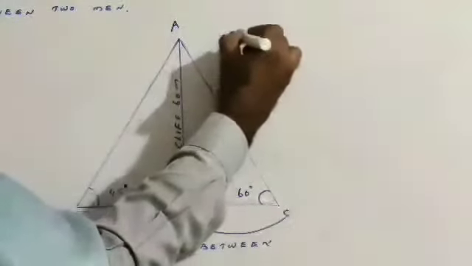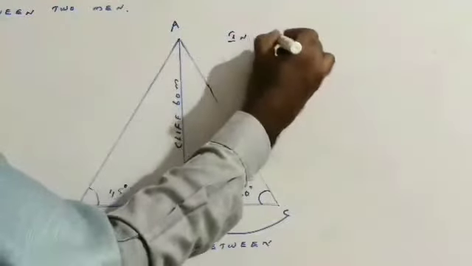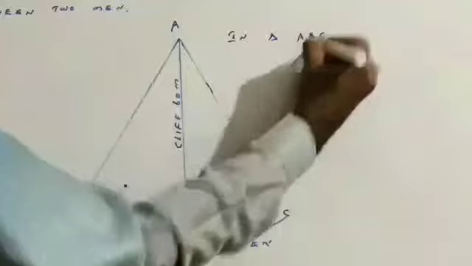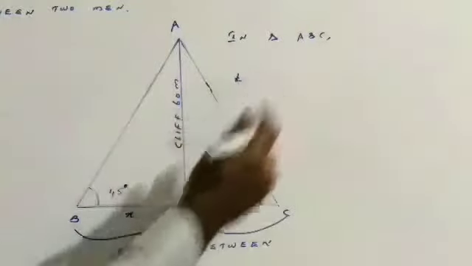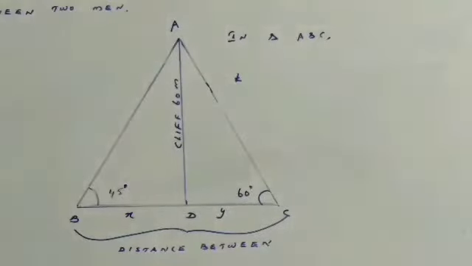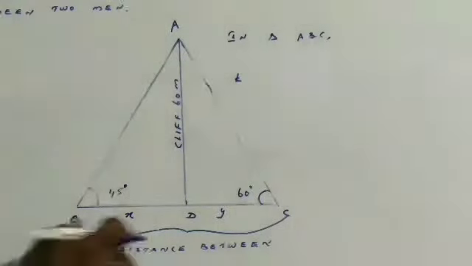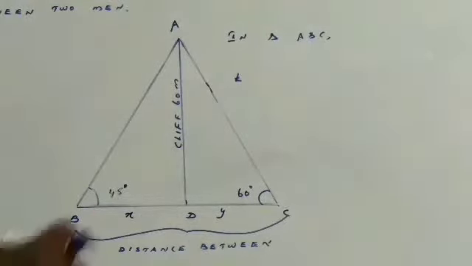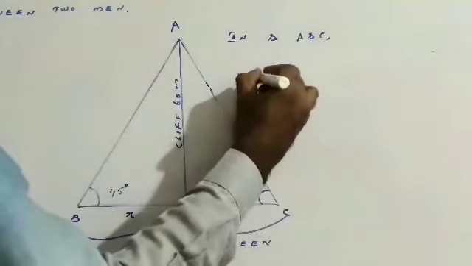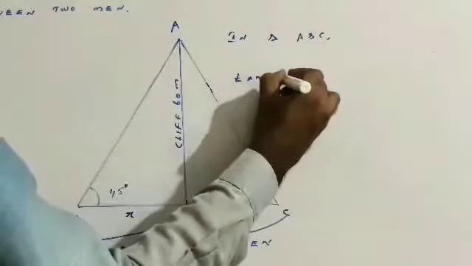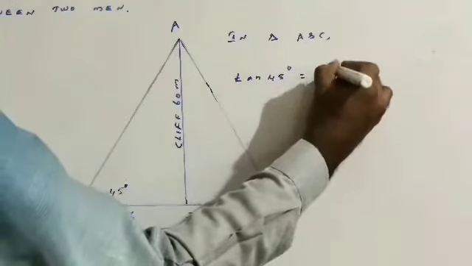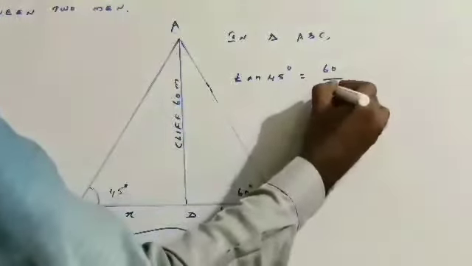So taking the first triangle, in triangle ABD, we know the opposite side, that is 60 meter. We don't know the adjacent side BD. Consider it is x. Now tan 45 degree, because the angle is 45 degree, equals opposite side, that is 60, by adjacent side, that is x.